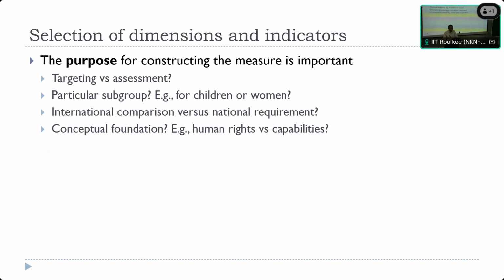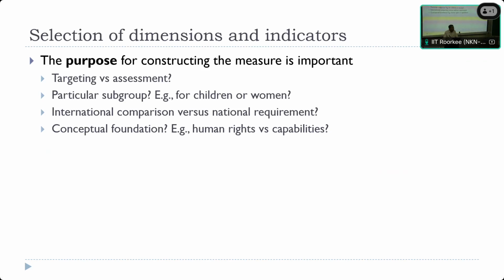For example, if you have lack of sanitation as an indicator, say in BPL, whether you have sanitation or not, then people may choose to avoid building a sanitation facility in order to remain eligible for the benefit. Now, for assessment, you can use a survey. For targeting, you cannot use a survey. You have to do a door-to-door census. Otherwise, you cannot do targeting.